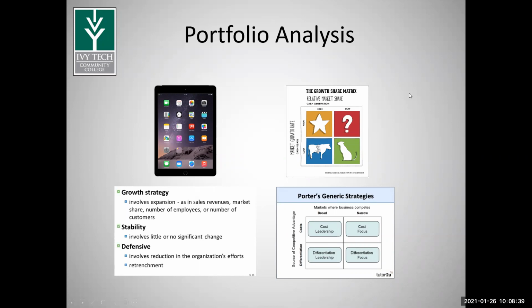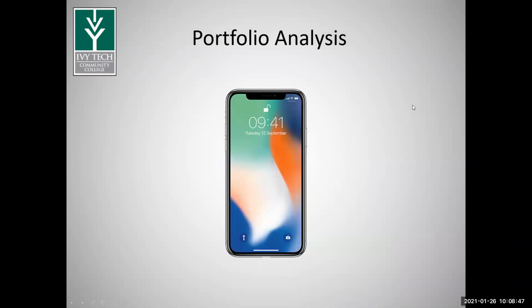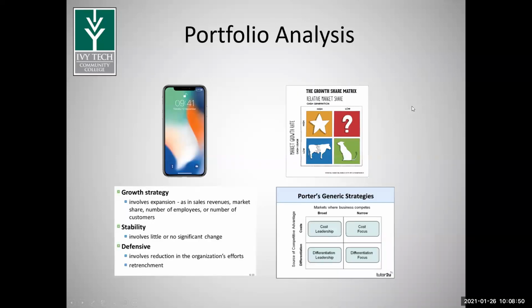So what's next for Apple? Clearly, they haven't stopped investing in the iPhone, right? So that's also in the star category. If you're going to grow that, what are you going to do? And we have that threat we identified earlier of phone plans going away. Increased capability? Yeah, I think so.